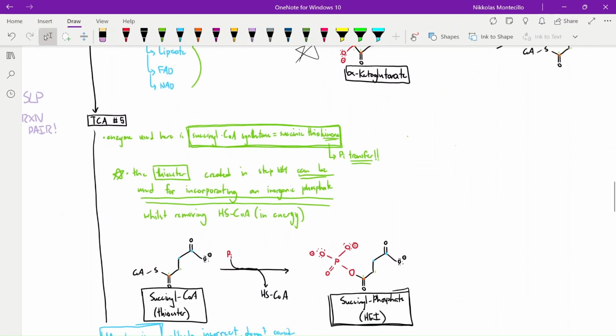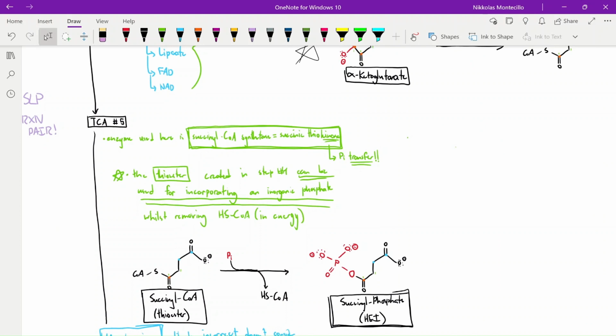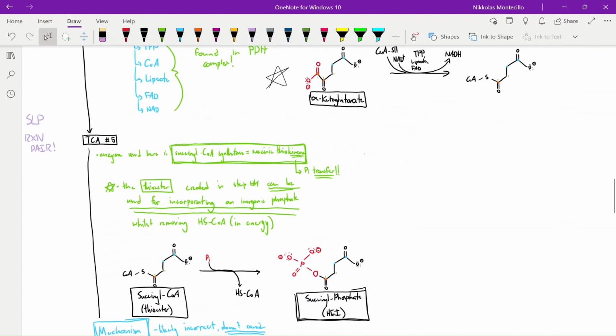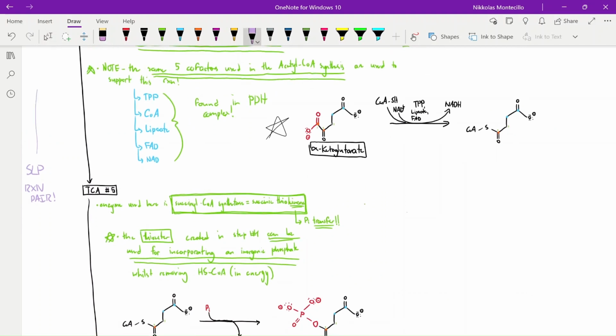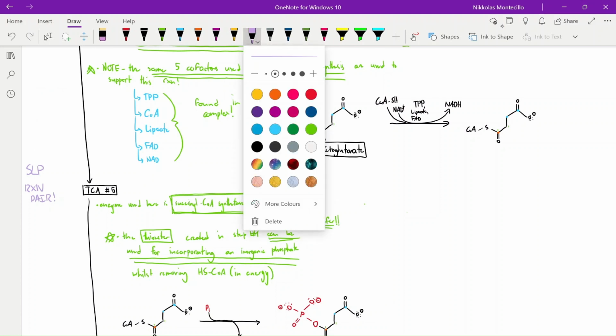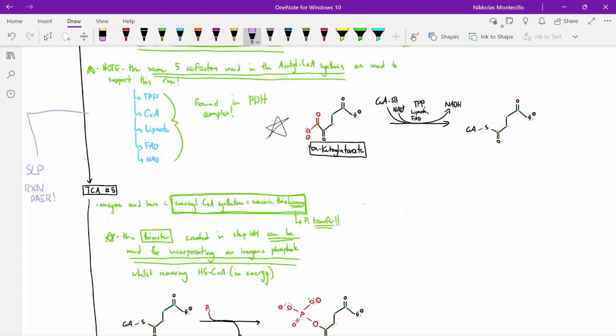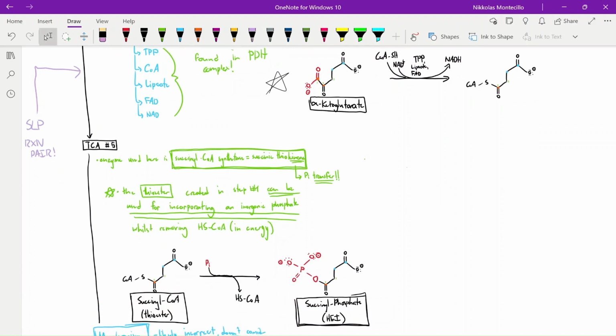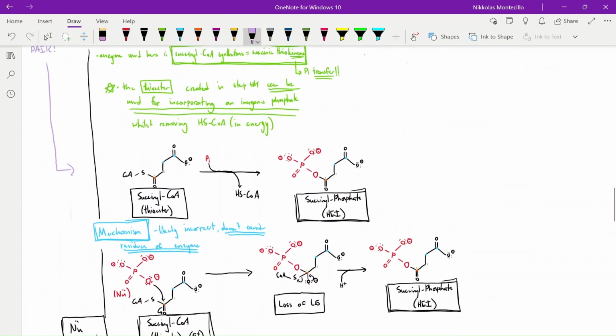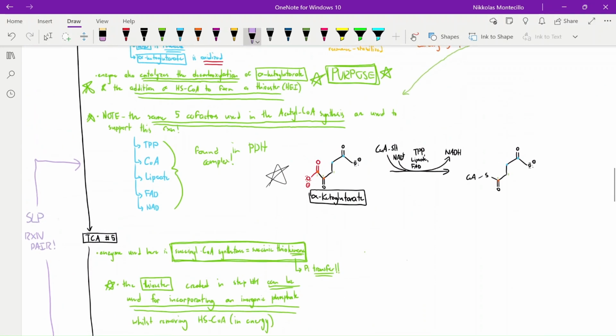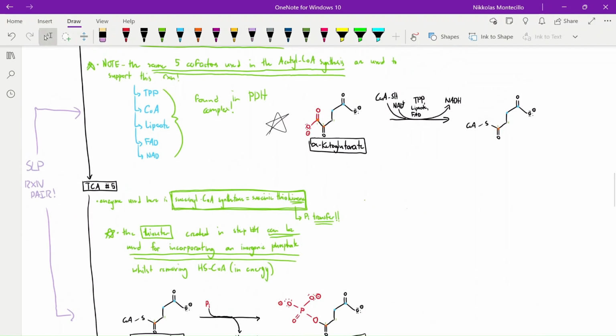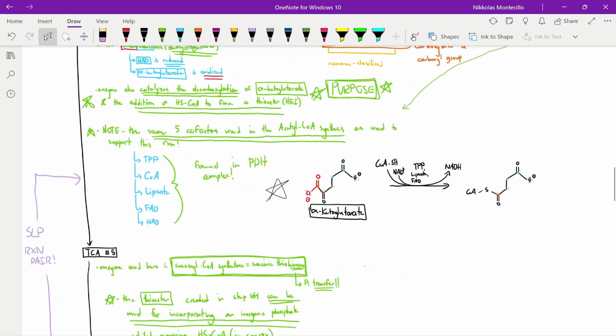Now this is a substrate level phosphorylation reaction pair, because a redox reaction occurs to allow for substrate-level phosphorylation to occur, right? So TCA4 and TCA5 are SLP reaction pairs.